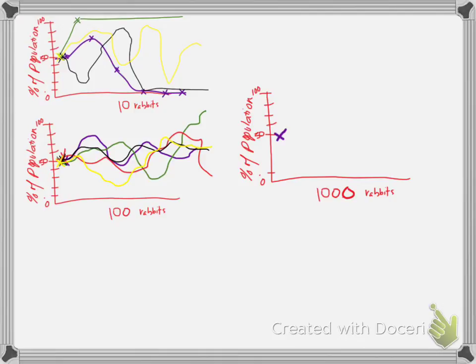If we start off with 50% of our population having whatever this gene is, this gene that doesn't make them any better or less adapted for their environment, it gives them blue eyes or a white spot or, I don't know, little frills on their ears.